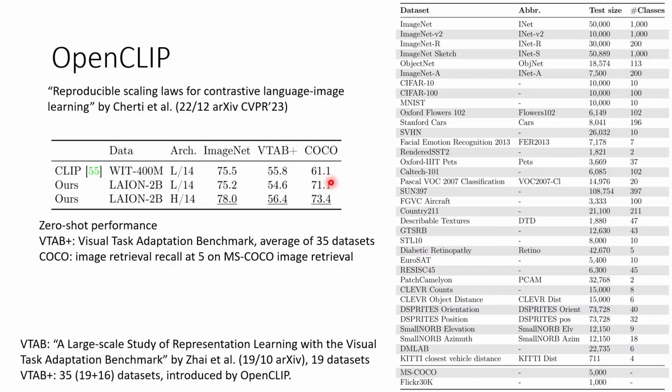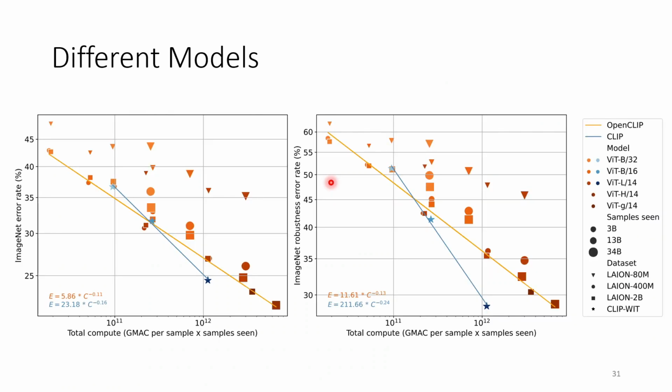Okay, so let's see a chart. The chart is not very easy to read, but let me explain it. Okay, CLIP released 3 different pre-trained models. See the red and blue dots, 1, 2, 3.